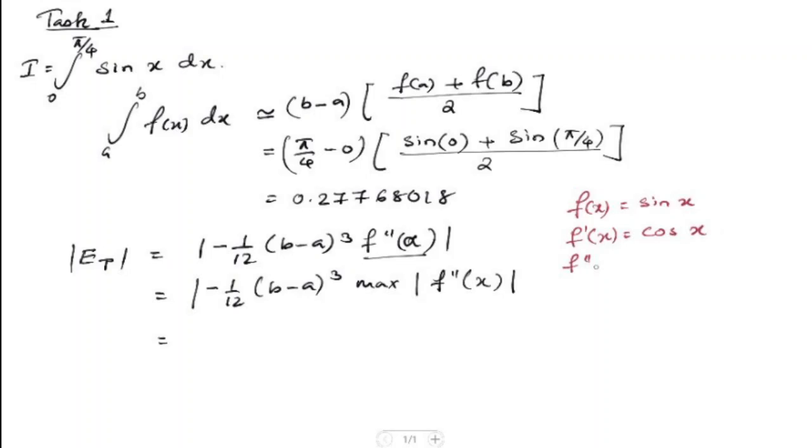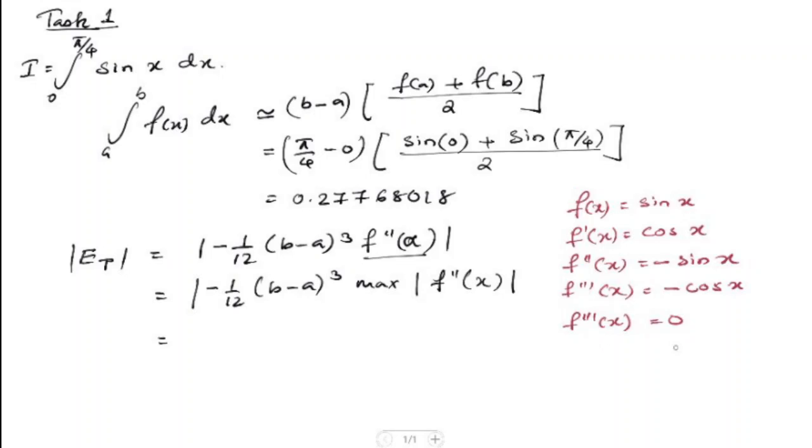The second derivative is minus sine x. Now we want to find alpha, and to find alpha we also have to find the third derivative, which is minus cos x, and we equate this third derivative to 0 to get alpha.